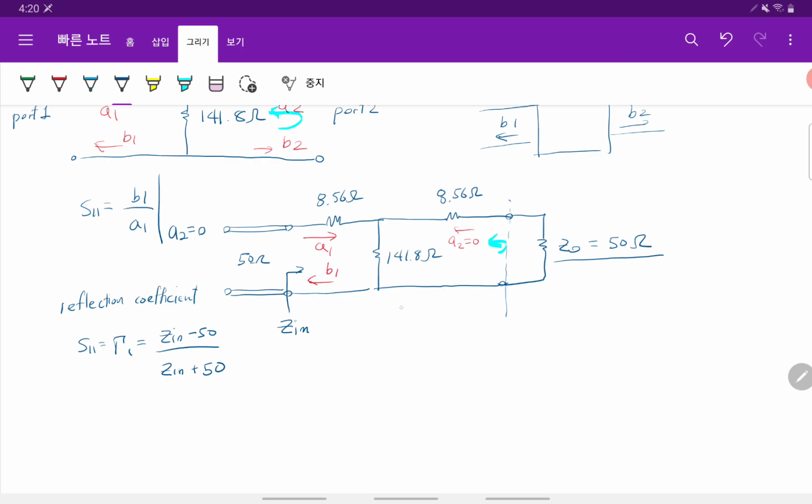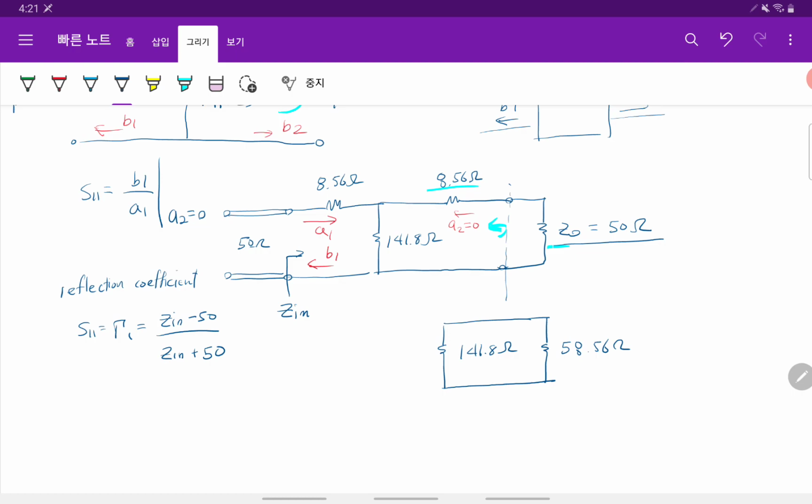we just take the equivalent impedance of this circuit, right? So first the 141 ohm is connected in parallel with the 58.56 ohm, right? If you take these two terms as one resistance, and then in series with this R, it's 8.56 ohm.